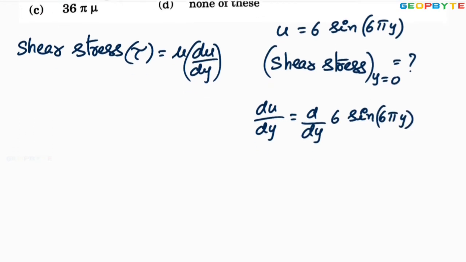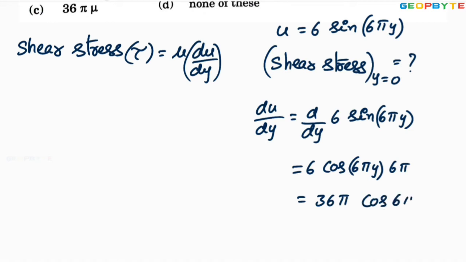You differentiate it, school level mathematics. The differentiation of sine theta is cos theta, so cos 6 pi y multiplied by 6 pi. It is equal to 36 pi cos 6 pi y.